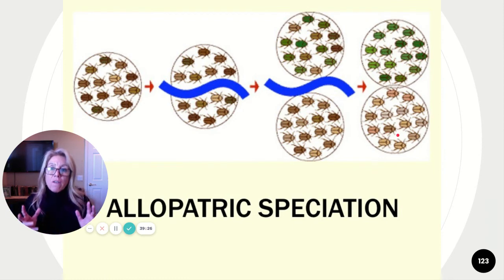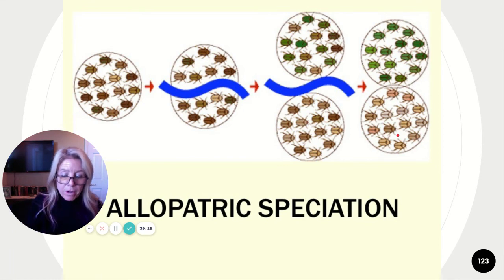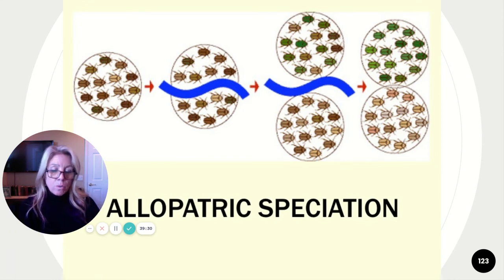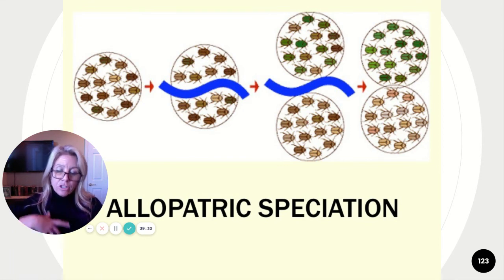So it starts off initially with some sort of geographical barrier. So underneath your notes on 27.4, speciation, macroevolution, allopatric speciation is defined as species separated by a geographical barrier, and then they undergo different selection pressures.